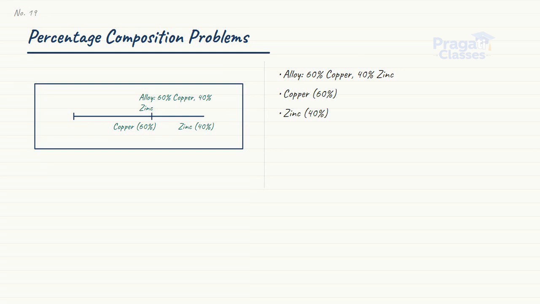That means if you had 100 grams of the alloy, 60 grams would be pure copper and 40 grams would be zinc. The percentages tell you the recipe, they always add up to 100% because together they make the whole thing. You see this in election results too, where candidates' vote shares add to 100%, or in nutrition labels where fats, carbs, and proteins make up the total calories.